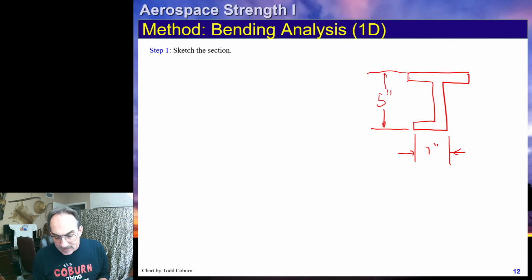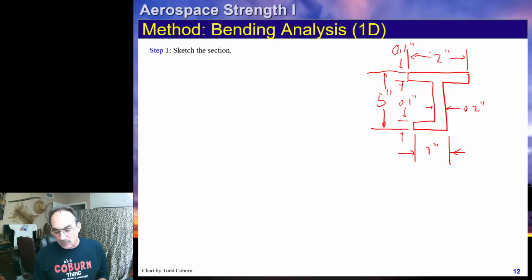Let's say this is 0.1 inch, this is 0.1 inch, this is 0.2 inches, and this is 2 inches. Looks like we're fully dimensioned.